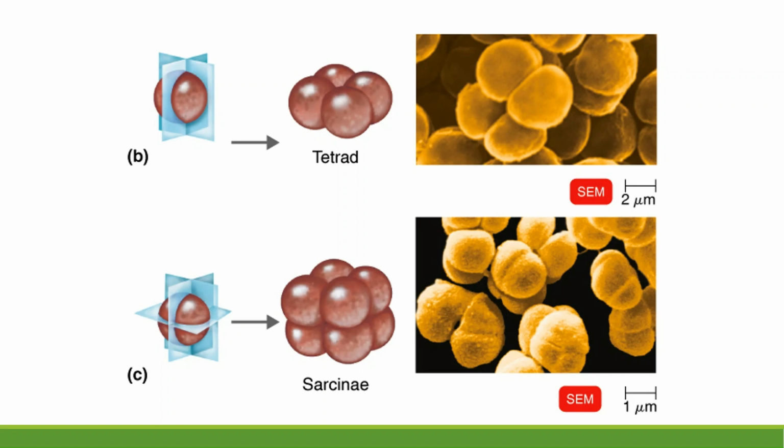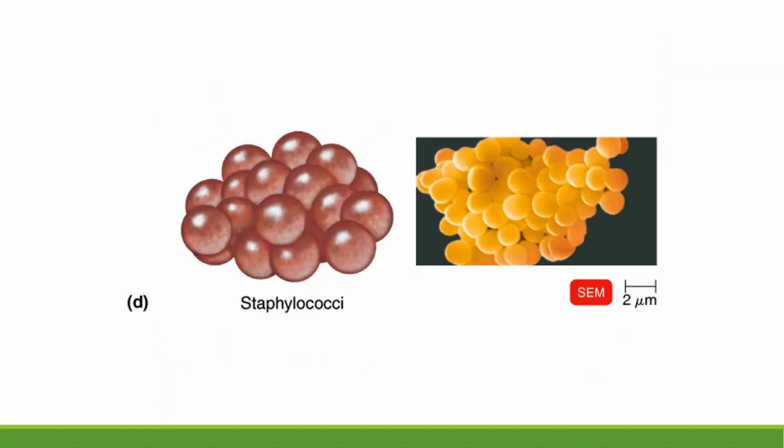If a bacterium divides on 3 different planes, and sticks together as a group of 8, we can have a sarcinae, as shown in image C. Lastly, if we have a bacterium that divides without a set plane, then we can have clusters that look like a bunch of grapes, and that is called staphylococci.